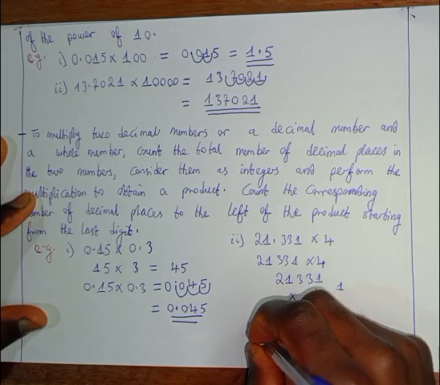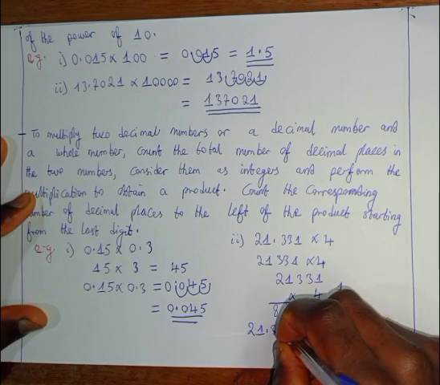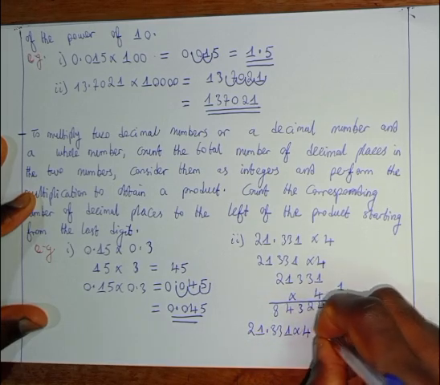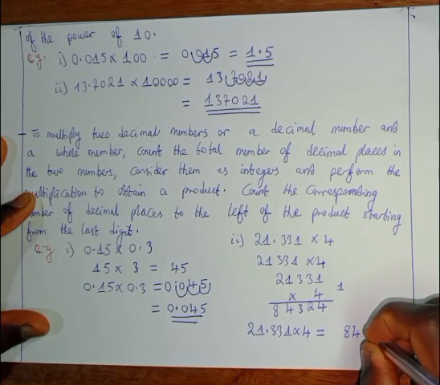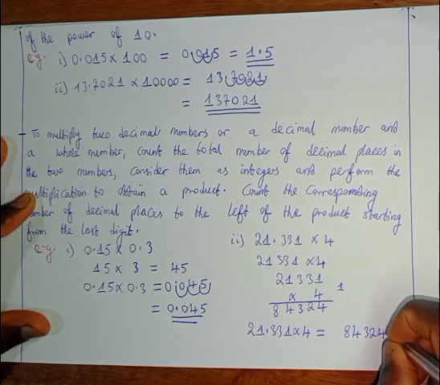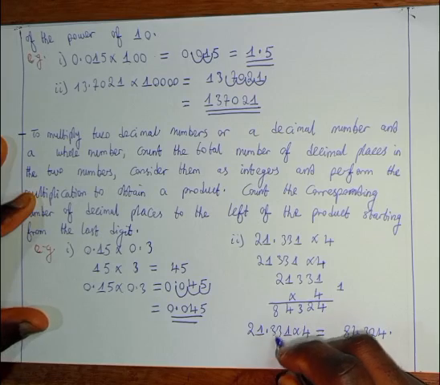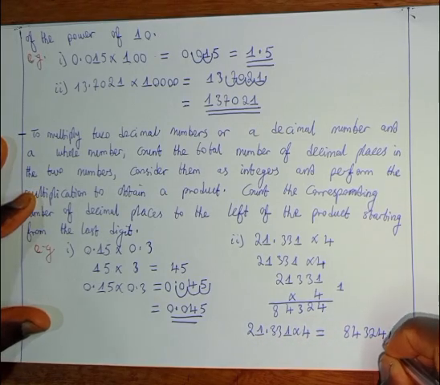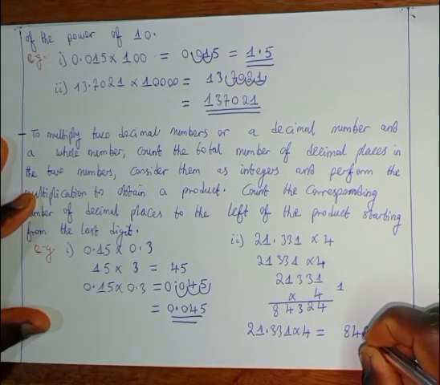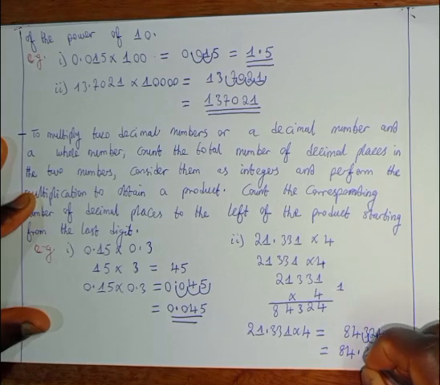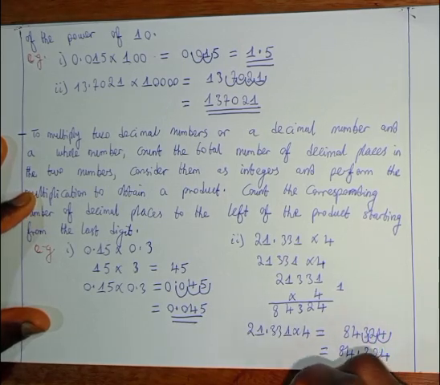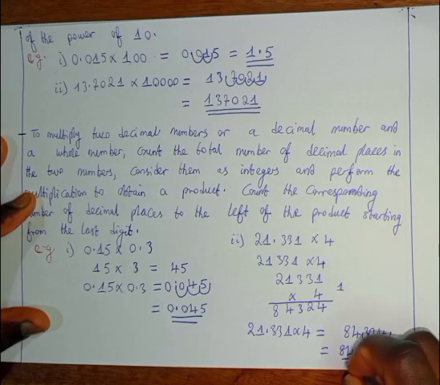Simply means if you take 21.331 times 4, it will simply be equal to the number 84,324. We're going to move the decimal point 1, 2, 3 places to the left. 1, 2, 3. So this will give us 84.324. This is our answer.